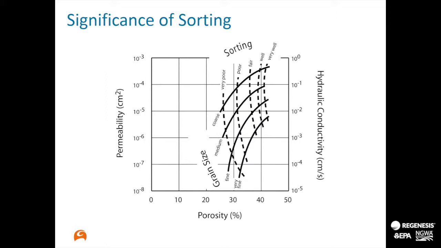And if we're actually getting data afresh, we really want to be doing sieve analysis to get as good a quantification as we can. It's not simply the grain size; the sorting has, I'll say, as much impact on the hydraulic conductivity as the dominant grain size does.